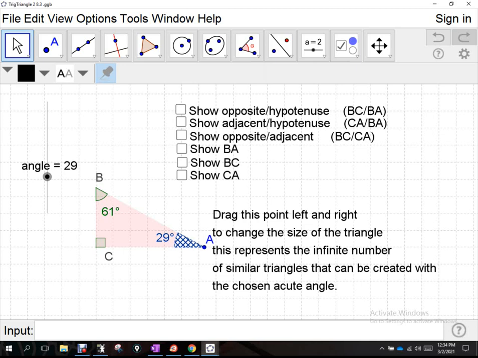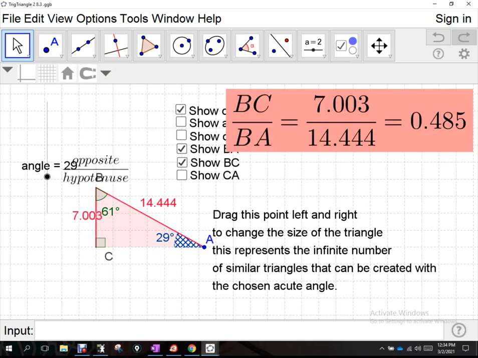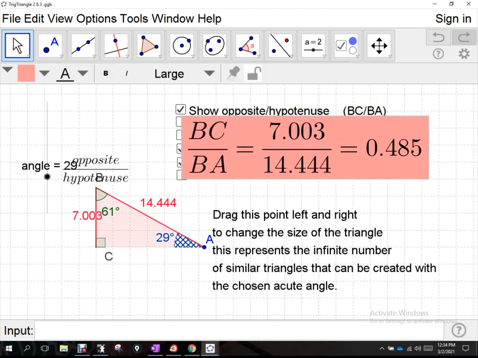So let's look at these two values. Let's look at BC and AB. BC and AB. Okay. If I look at those, is that pretty close to 0.5? Does that make sense?